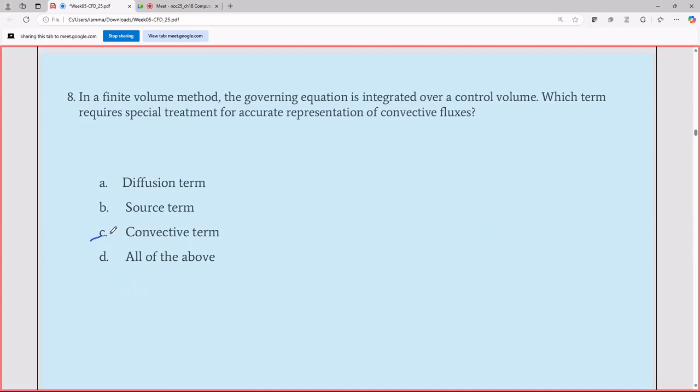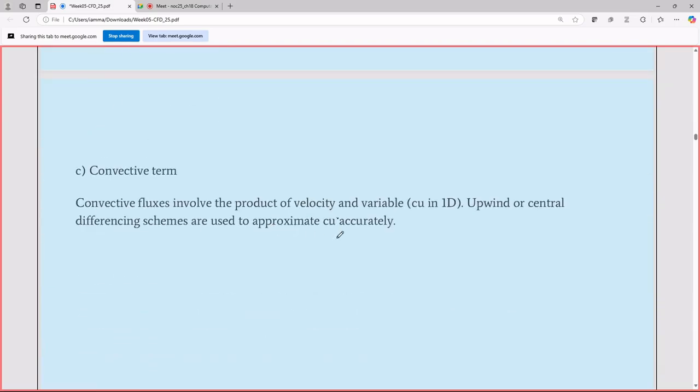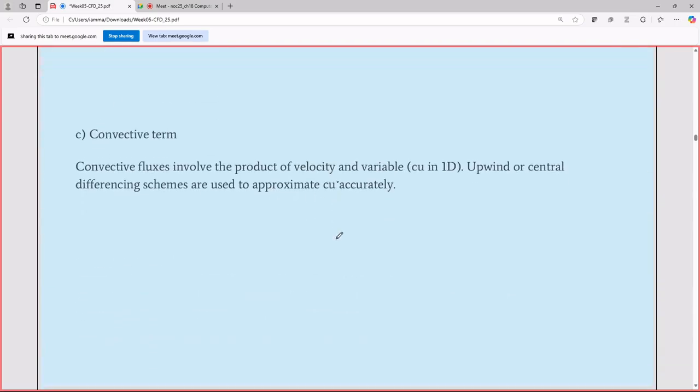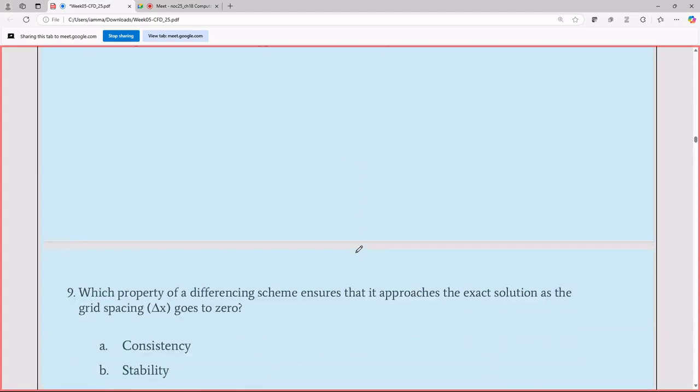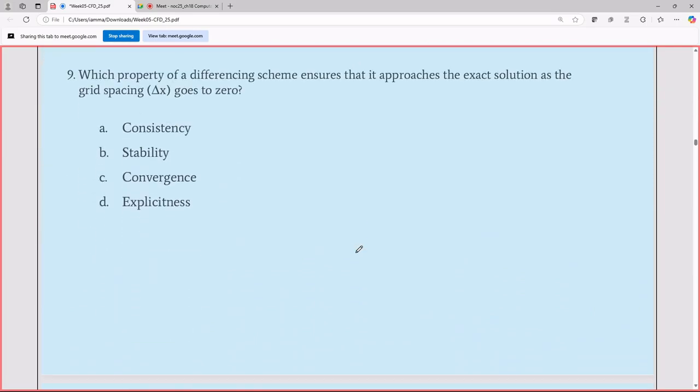The answer is option C, convective type. Moving on to the next question.